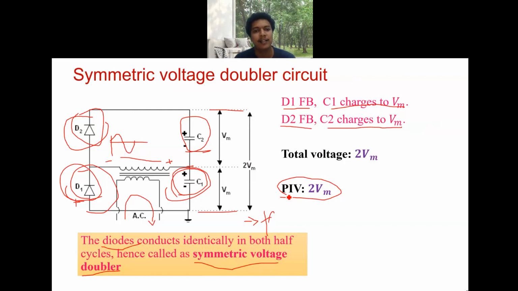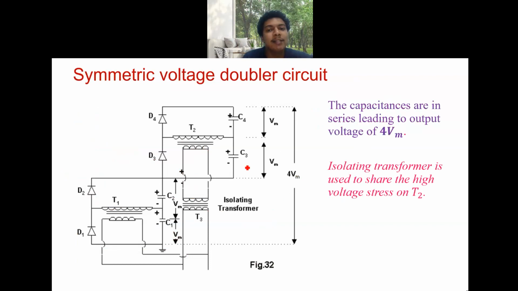Now let us see the symmetric voltage doubler circuit in multiple stages. We discussed one stage. Here we have multi-stage, with two stages. It's quite hard to draw a multi-stage voltage doubler circuit.